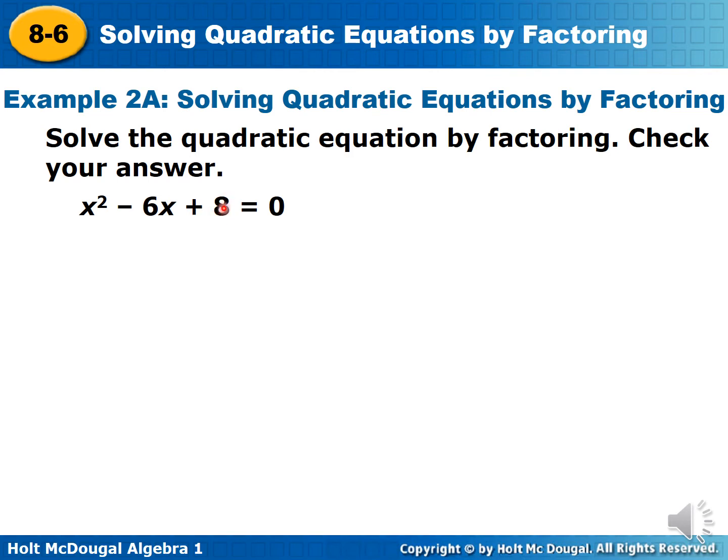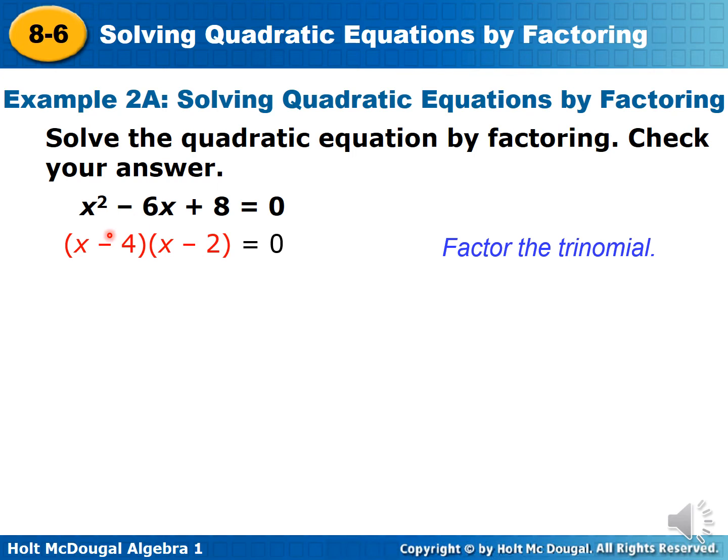The product should be 8 and the sum should be negative 6. So I'm looking for two numbers. If I multiply them, the answer will be 8. And if I add them together, the answer will be negative 6. So the answer is negative 4 and negative 2.